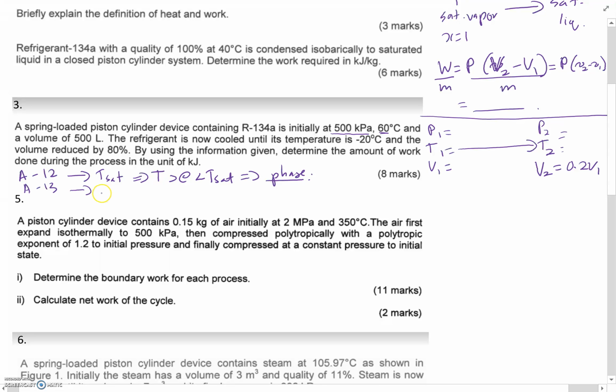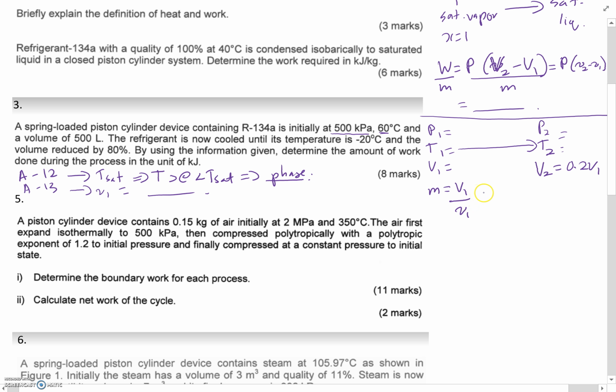You might also need the mass, which you don't have yet. So mass equals V1 over specific volume 1. V1 is given, and specific volume 1 you can get from the table.